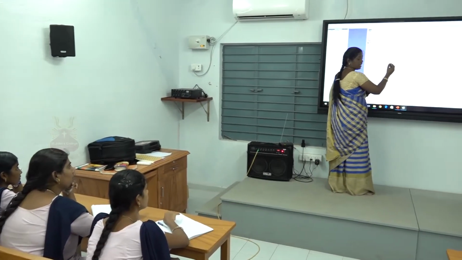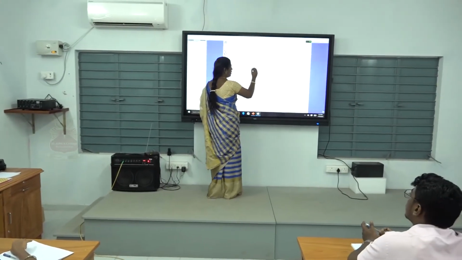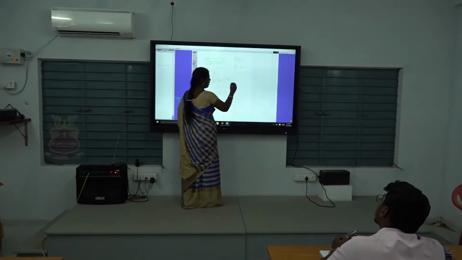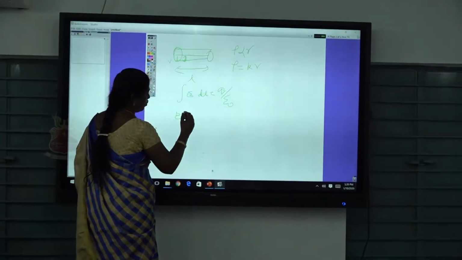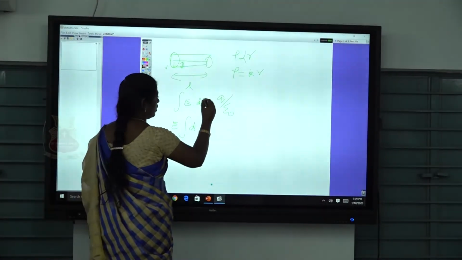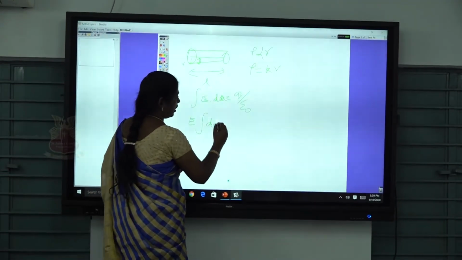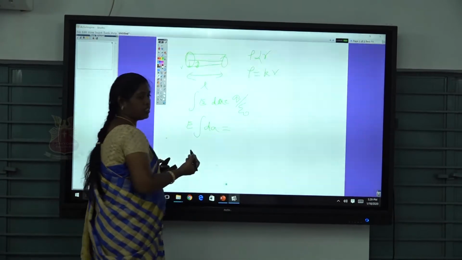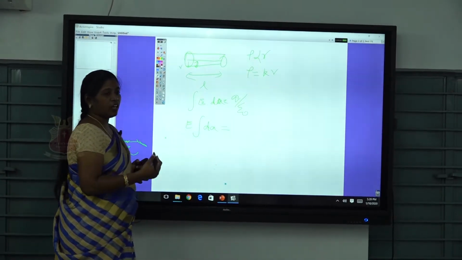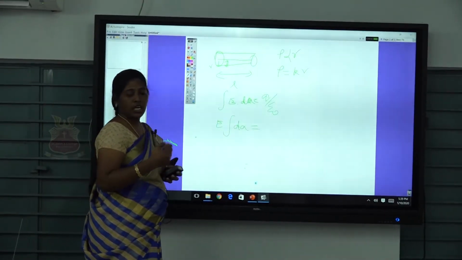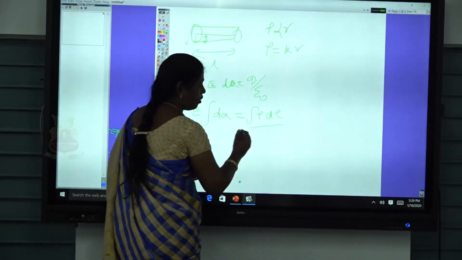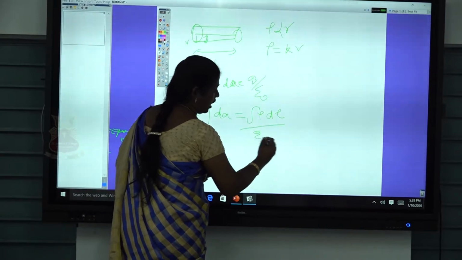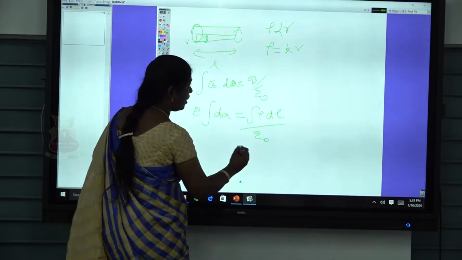Gauss law is the integral of E dot dA is equal to q by epsilon naught. E is taken outside, so E times the integral of dA. Here q means the total charge enclosed in the surface. Therefore, it is the integral of rho d tau by epsilon naught.